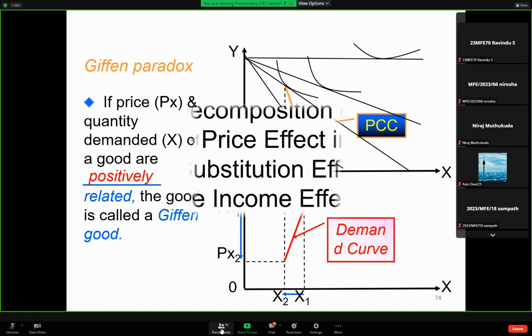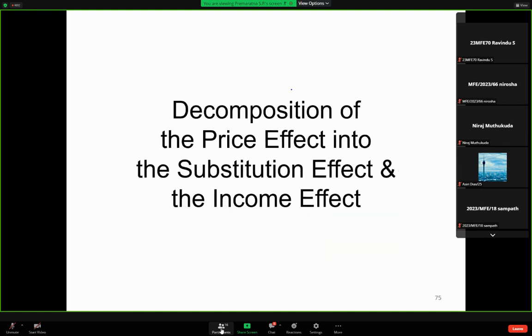You have to understand the decomposition of the price effect into the substitution effect and the income effect. Now, like I mentioned before, the Marshallian demand curve captures the total price effect, both the substitution and income effect.